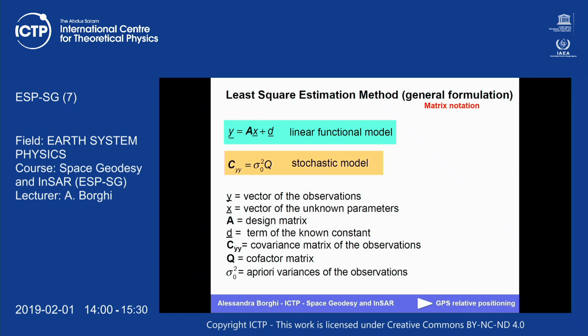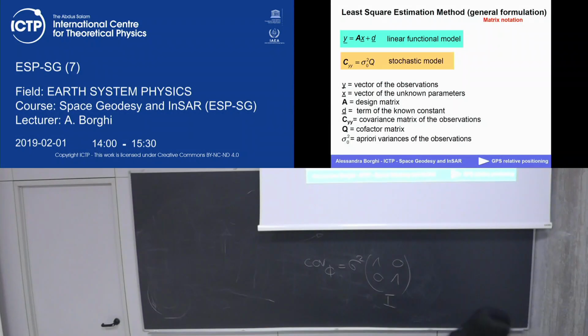Usually we fit data with a linear model, a line, for instance the linear trend in a time series. But in GPS, if you remember, we started to say that we are going to measure the distance between satellite and receiver.